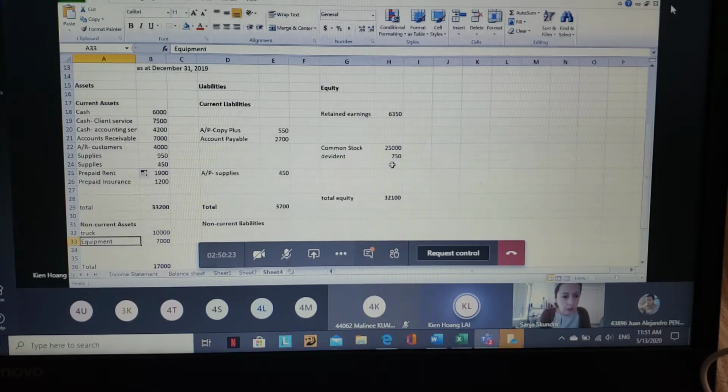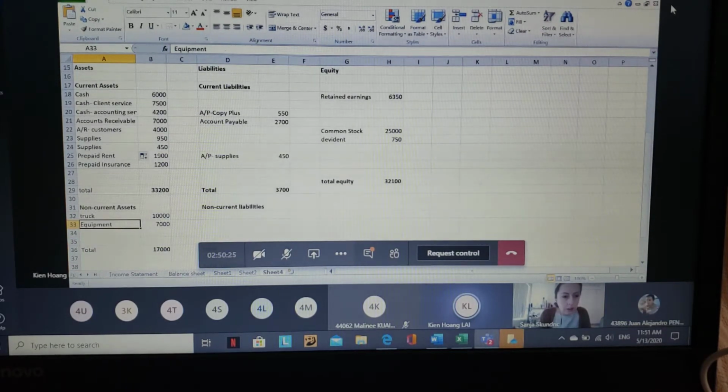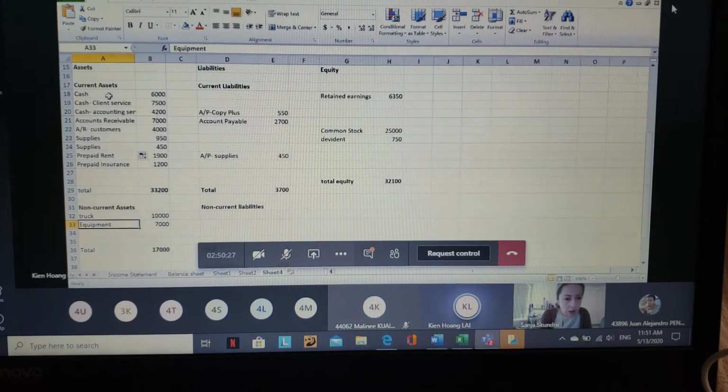And what I have here, under the current asset: the beginning cash, 6,000 before, and then another cash we receive from client service, 7,500. All the cash from accounting service, 4,200, and account receivable from the beginning, 7,000.